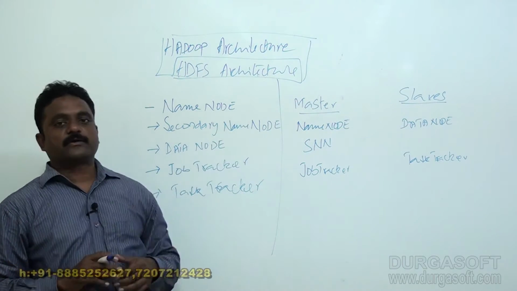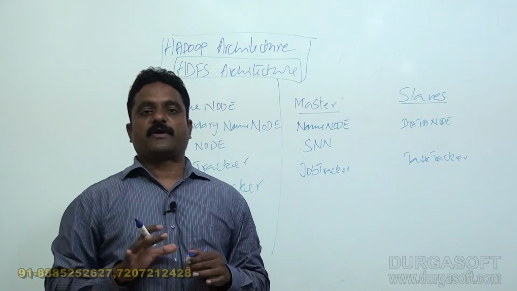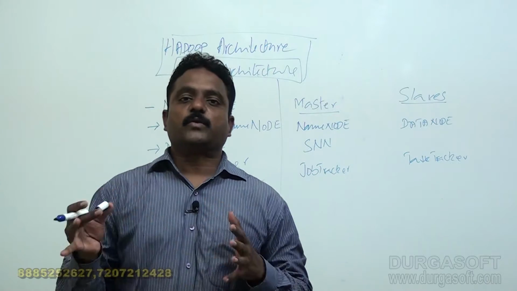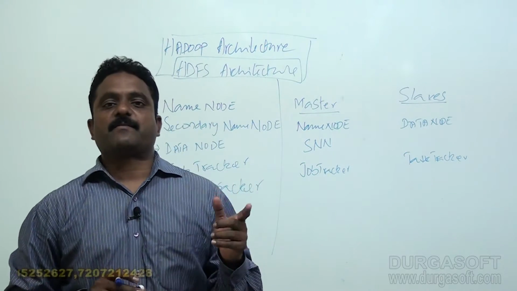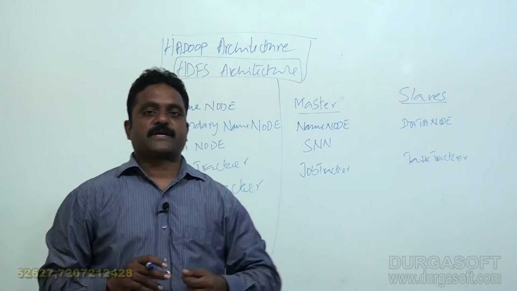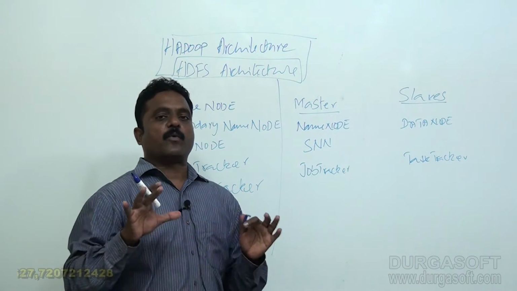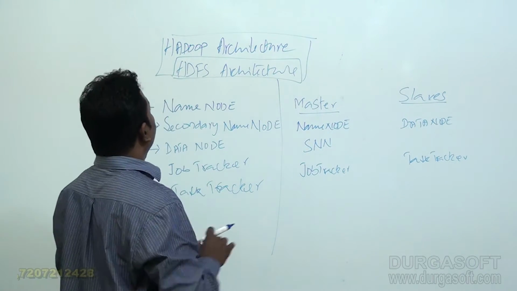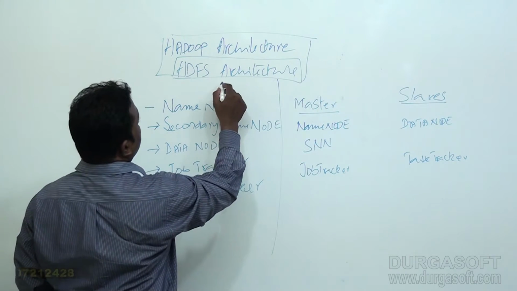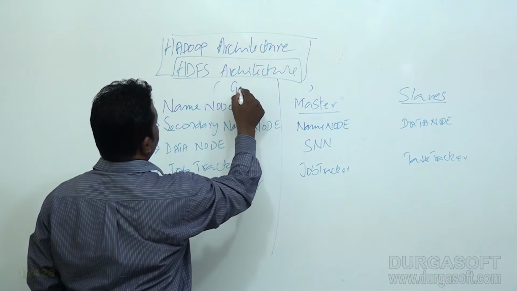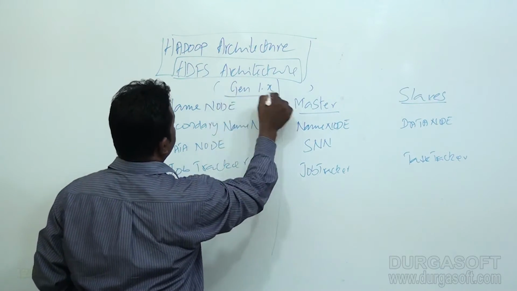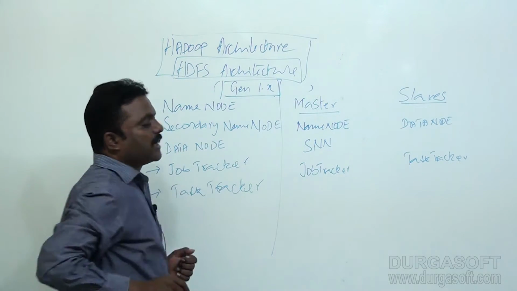Here we are discussing the architecture of the 1x version, not the Gen 2 Hadoop architecture. We will be discussing the Gen 2 architecture in the coming sessions. So this is the architecture of generation 1.x.